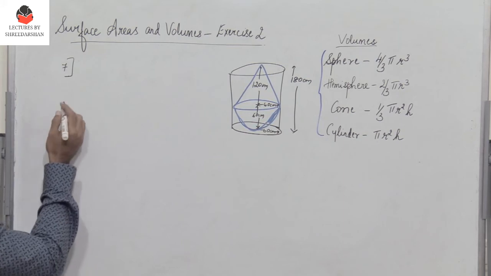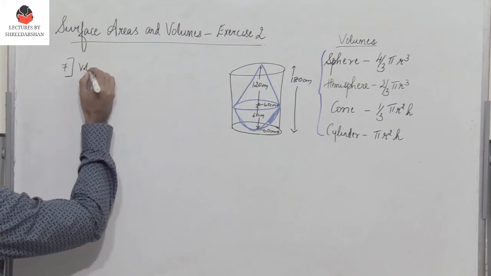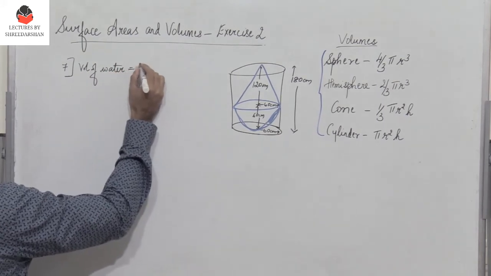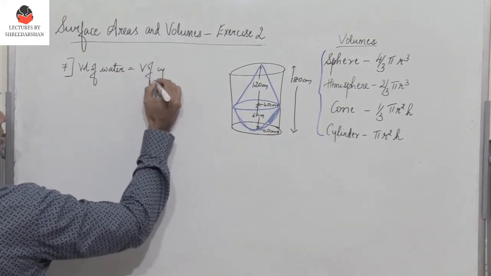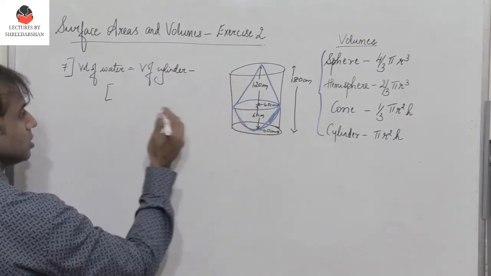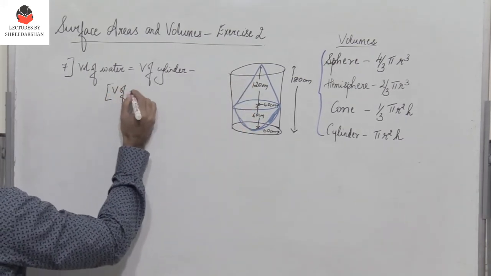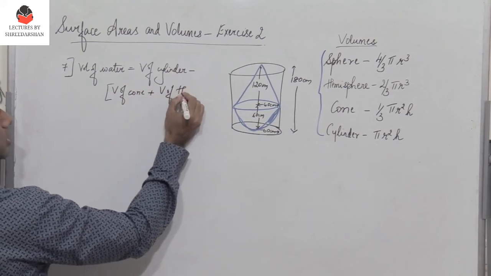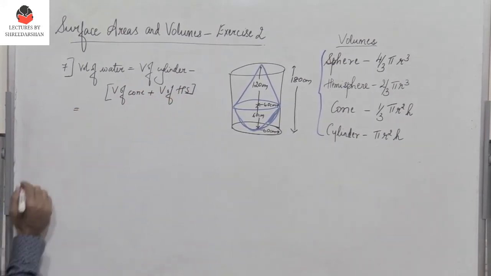Right? So we would like to find the water. The volume of water left is nothing but volume of cylinder minus volume of this solid. So it is volume of cone plus volume of hemisphere. Very simple. So what is volume of cylinder?